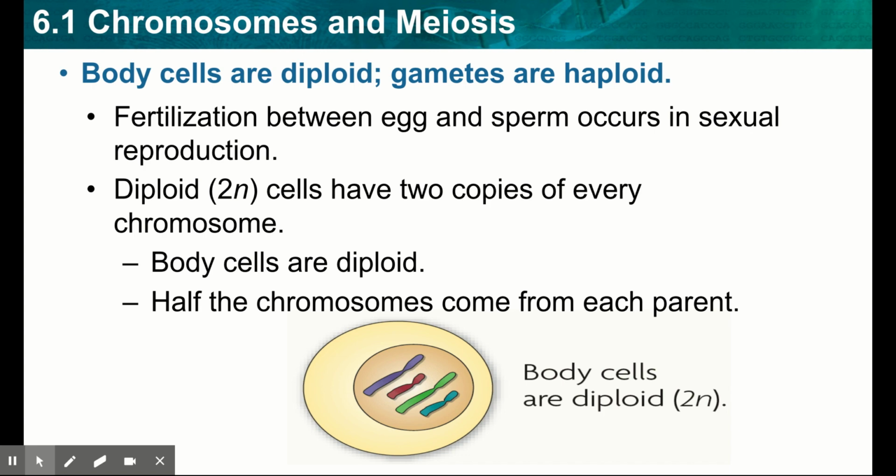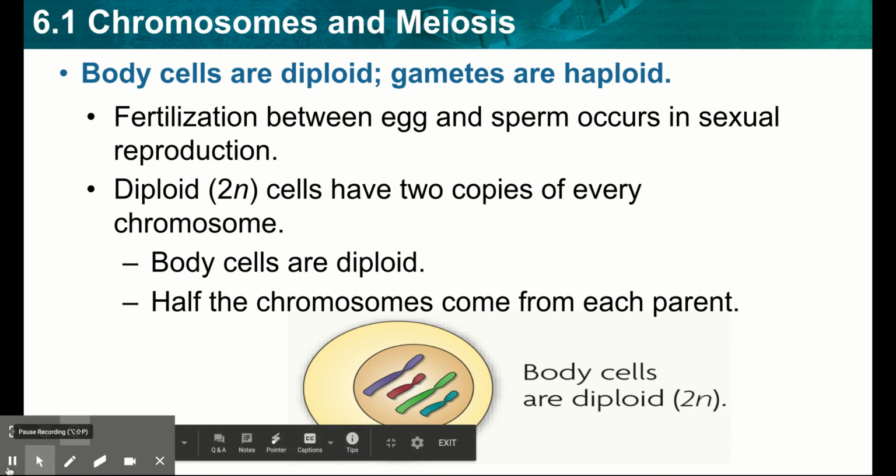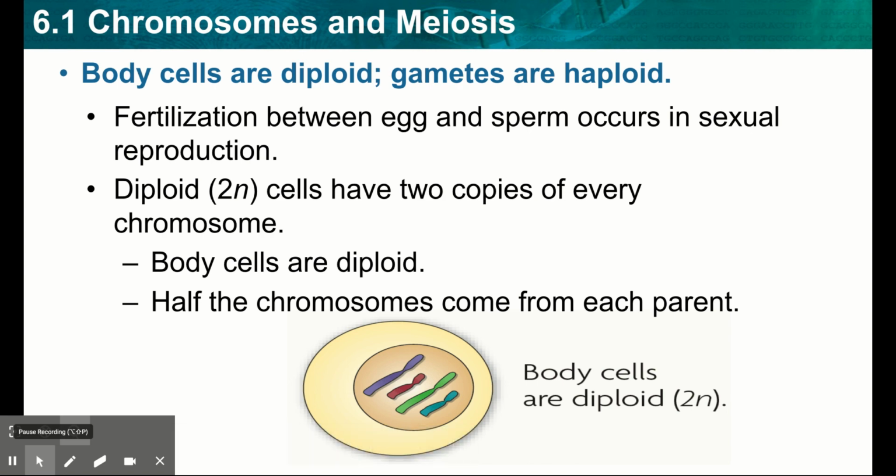Now we have to talk about what happens to the chromosomes within the cell. And so body cells are going to be diploid. That means that they have 2 copies of each chromosome, 1 copy from mom, 1 copy from dad. Diploid cells can be represented as 2N.